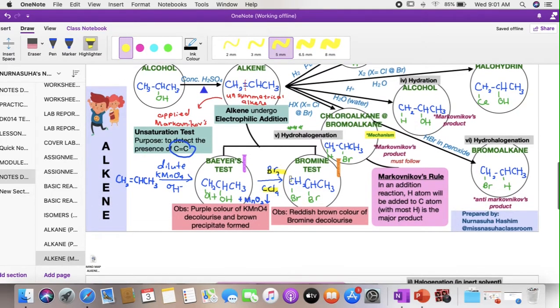Dia tidak ada side product. So kalau soalan tanya apa yang awak akan nampak? Kalau compound awak alkene, apa yang awak akan dapat tengok adalah reddish brown color of bromine decolorized. Warna tu luntur. Jangan cakap colorless. Colorless tu maksudnya dia akan jadi warna jernih.